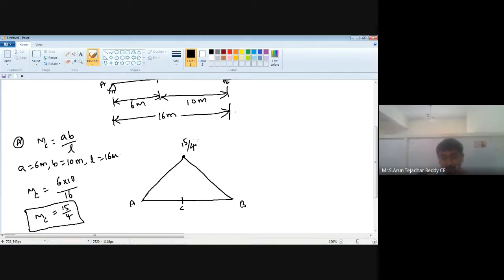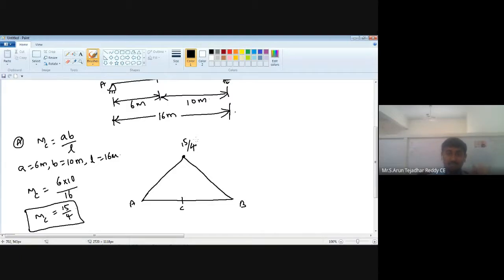Here we have wheel loads, 200 kilonewton and 80 kilonewton with a span of 2 meter. So we need to include those wheel loads also. After applying the wheel loads, whatever value we get, that is our final moment.